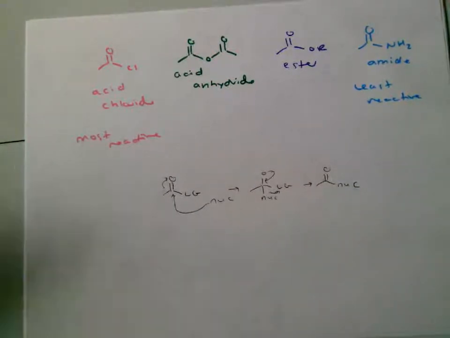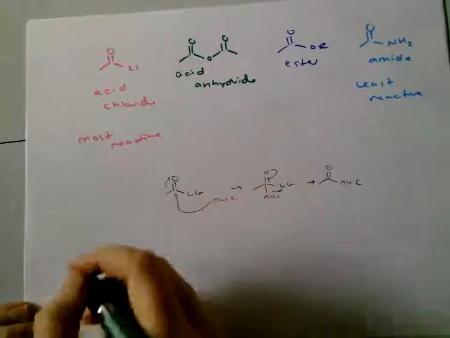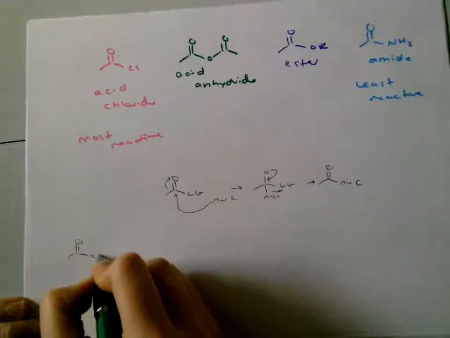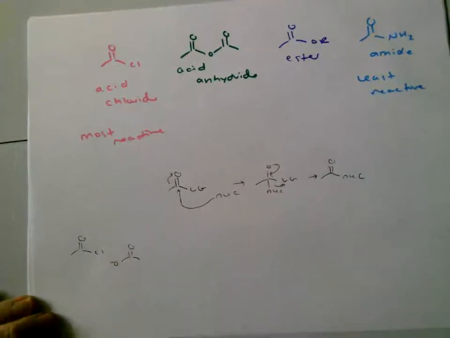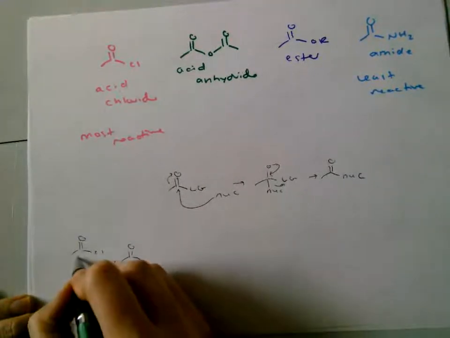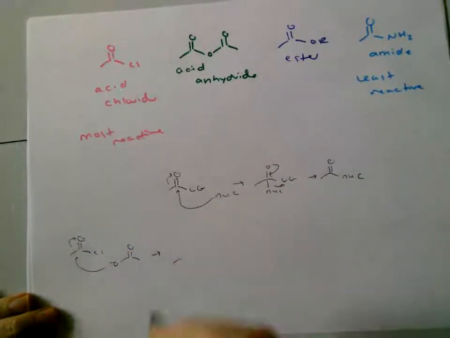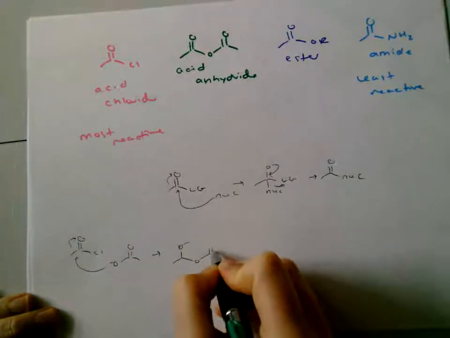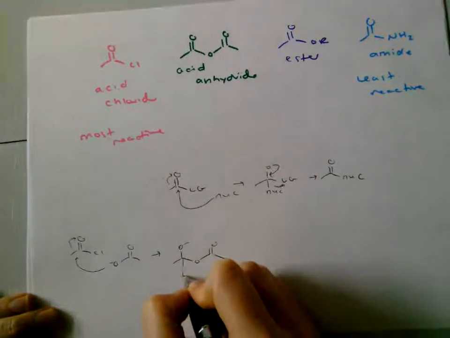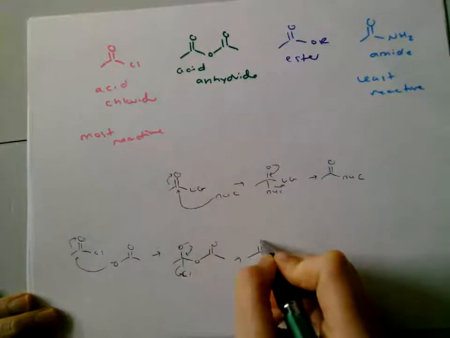You can pretty easily go from an acid chloride to an acid anhydride. If you have an acid chloride and a deprotonated carboxylic acid, it can attack, kick up, and you'd get O- with O, and your leaving group is your chlorine, and this will come back down and kick it up, and you get an acid anhydride.